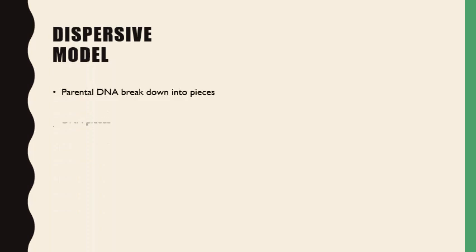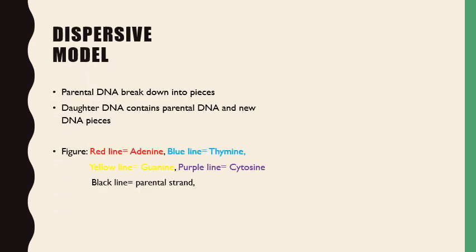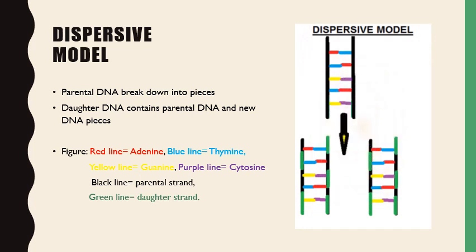So the last model about DNA replication is the dispersive model. Dispersive means complete breakdown. So this model suggests that at the time of replication, the parental DNA molecule is broken down into pieces, and the daughter DNA molecules are formed in a complementary manner along these template pieces, the broken pieces of the parental DNA molecule.